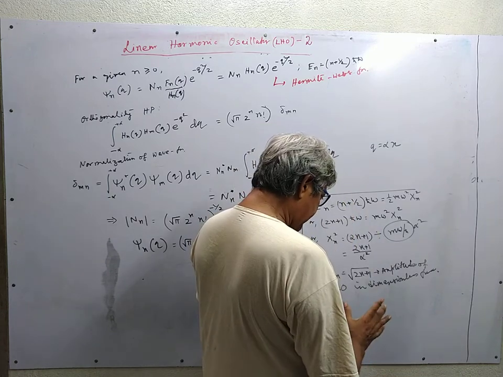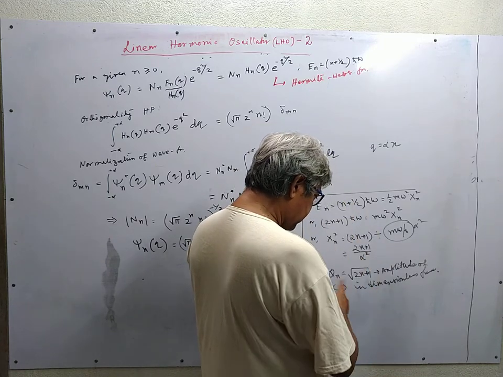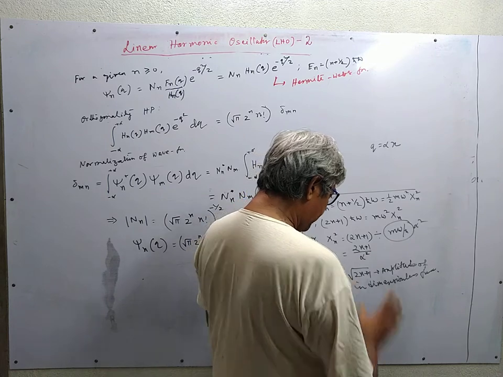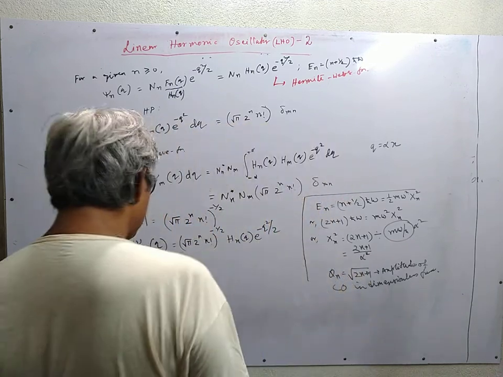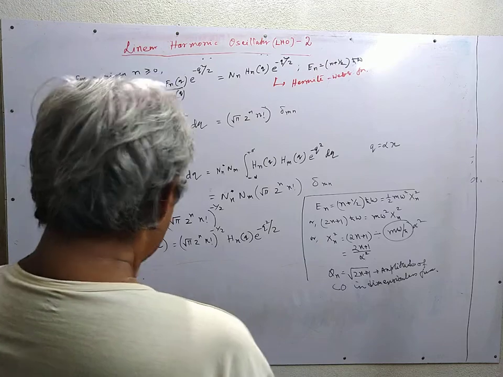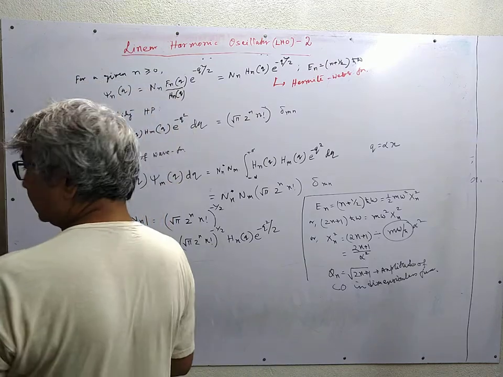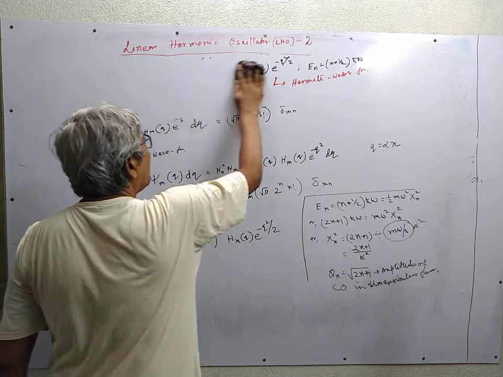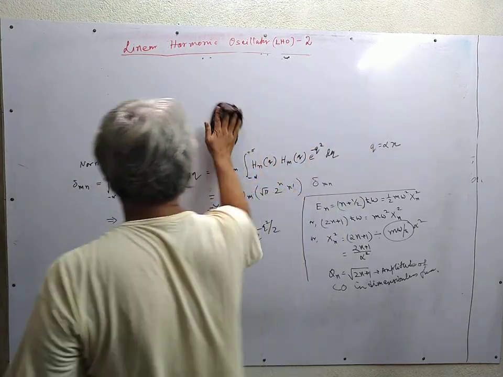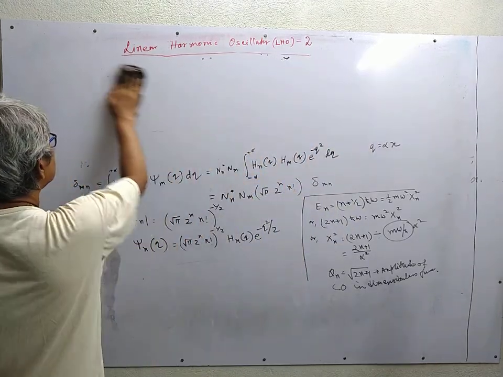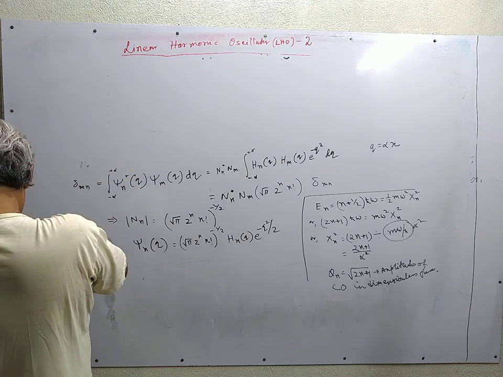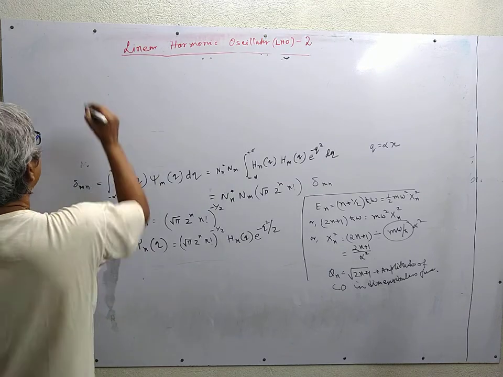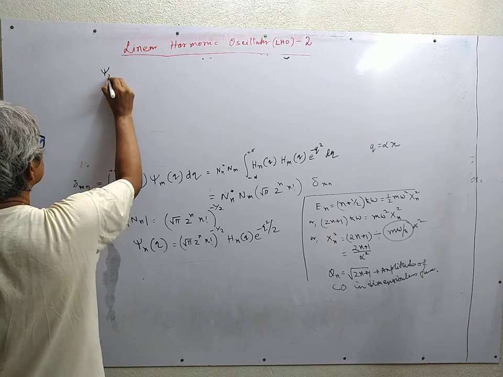In the state n equal to 1, the first excited state, the oscillator oscillates between plus minus root 3. Now we shall make a comparison between the classical and quantum results for the harmonic oscillator. So we first write the wave function in its dimensionless form.